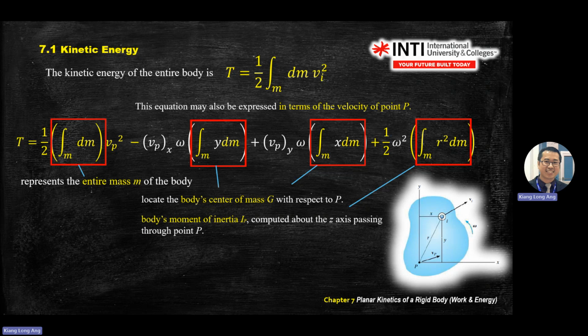Second one, you look at center of mass already. Second, center of mass G will give you some energy also. So when you look at rigid body, the center of mass G will do energy. Then the third one, because of mass also, we will consider moment of inertia. Moment of inertia will do something.